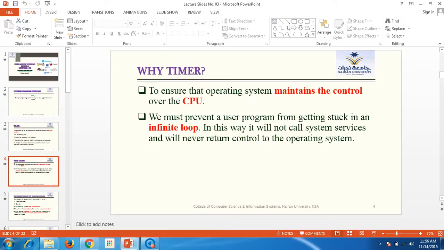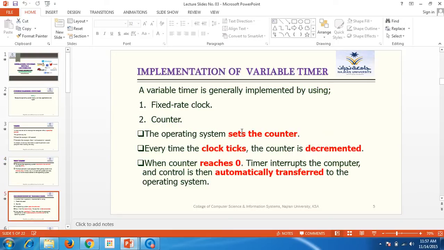It's possible that sometimes user programs get stuck in an infinite loop and do not give control back to the system. So that's why we need a timer, and the timer will interrupt the computer, and when the interrupt comes, control will be automatically transferred to the operating system.